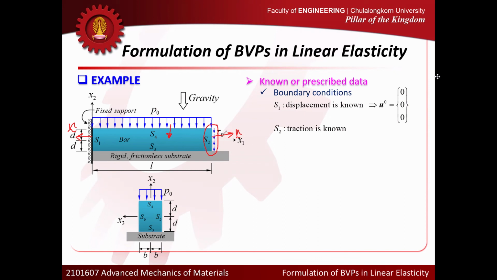So traction is fully prescribed on that surface. Now we can write down the traction like this: T0 is simply 0, minus tau 0, and 0. Traction in the 1 and 3 directions are equal to 0, but the non-zero one has the prescribed value tau 0. The negative sign just implies that the direction of the applied traction is opposite to x2, right?